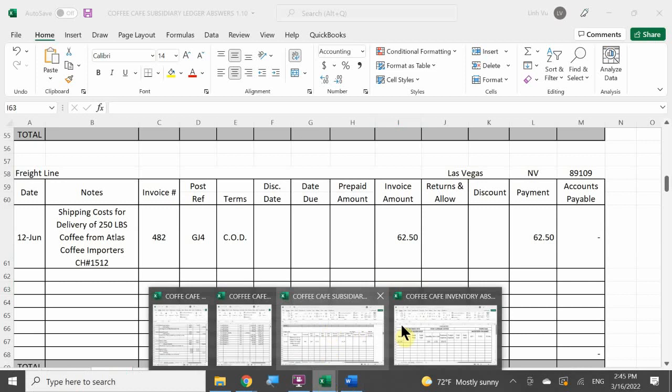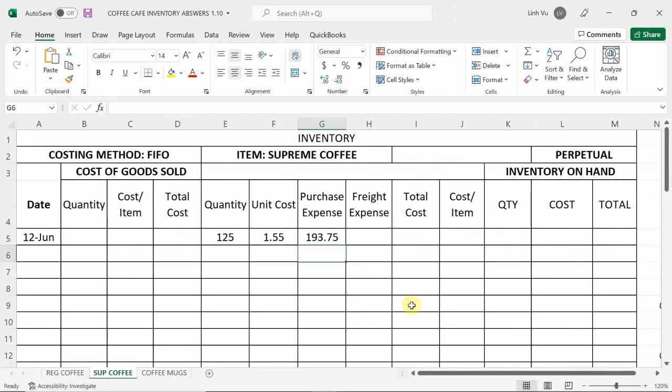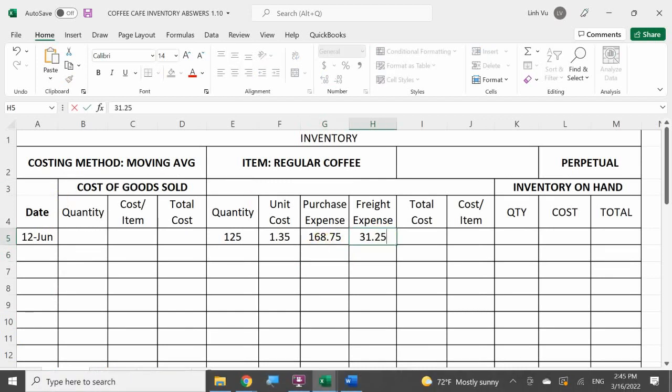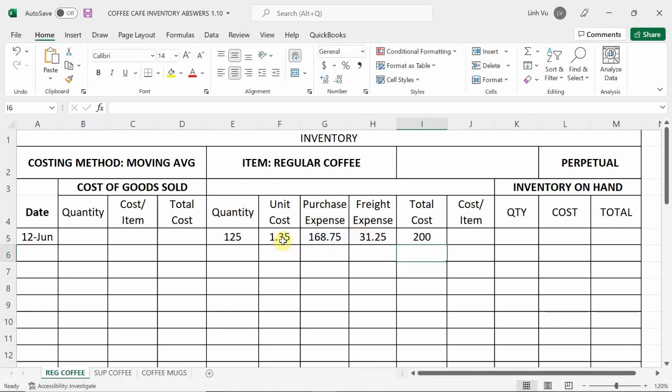All right, so now let's go ahead and plug our numbers back into our inventory worksheets, starting with the very first one here, right? We had freight of $31.25, which gave me a total cost of $200. We know that from calculating it in our ledger account.